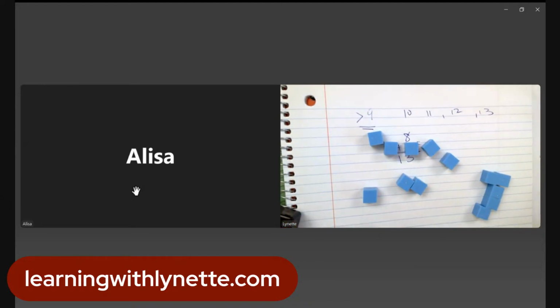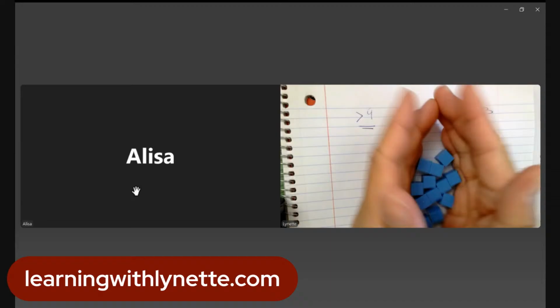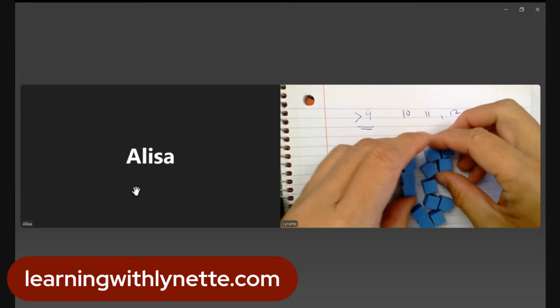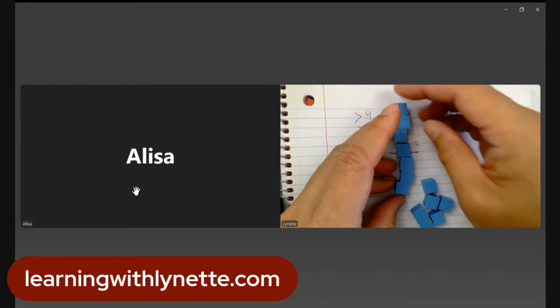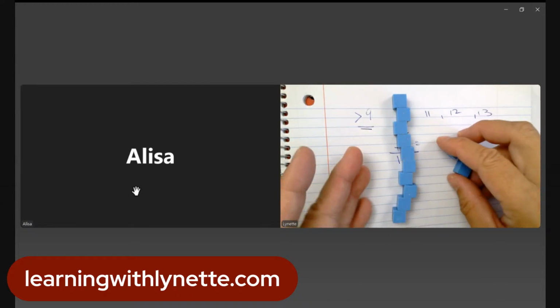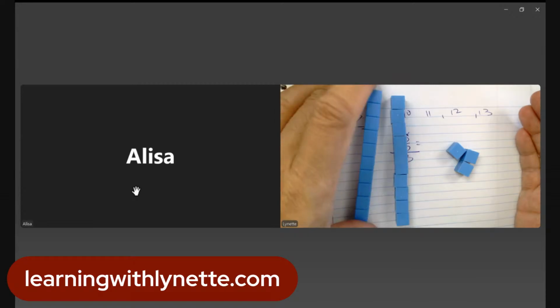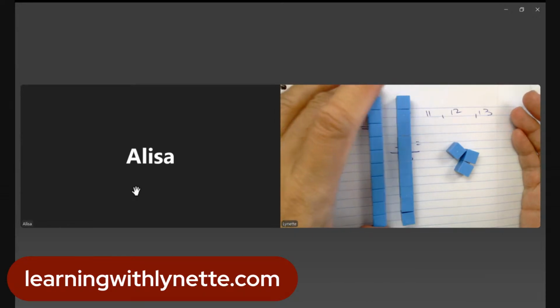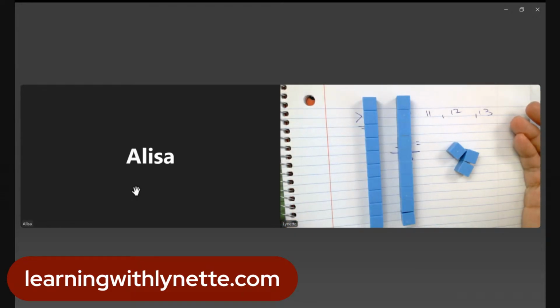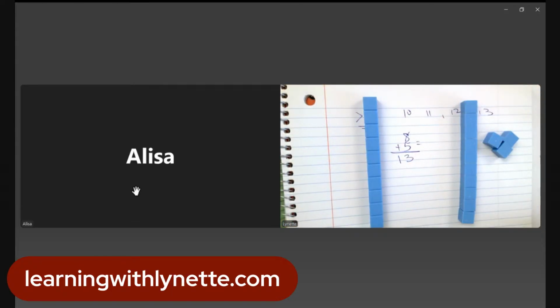I'm assuming that anything greater, you still combine it, and then you have to trade. That's how I see it. You trade 10 in for a 10. Yes, correct. But she's still counting up to 13.